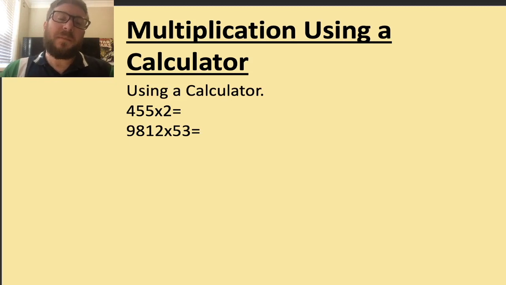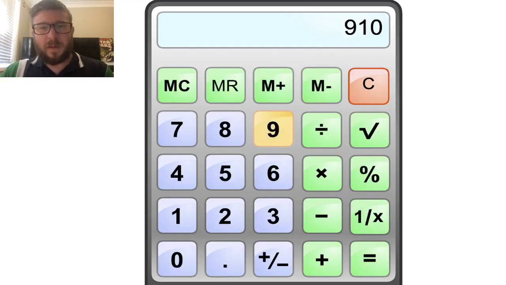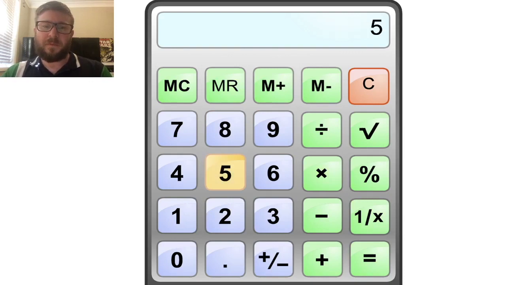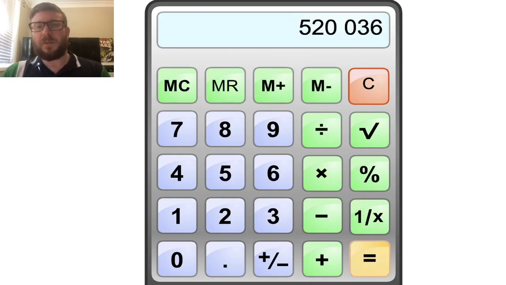Let's try this next one. 9,812 times 53. 9,812 is our first number. Multiply button, 53. Equals. Oof, that's a big number, isn't it? But we've only clicked once, so we need to check it. So we've got 520,036.